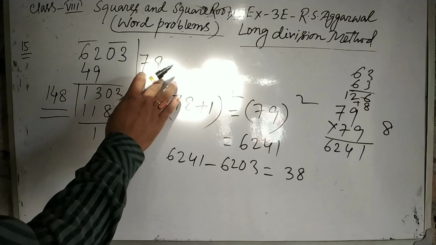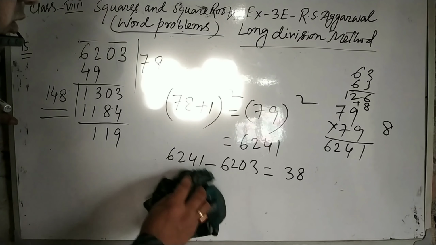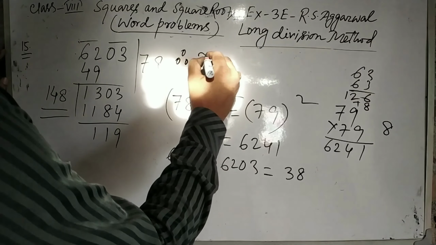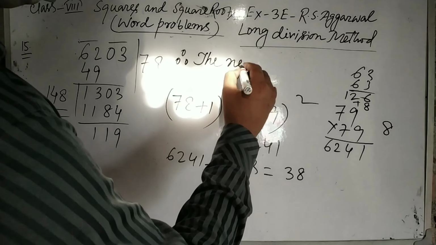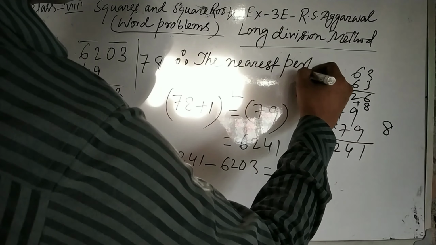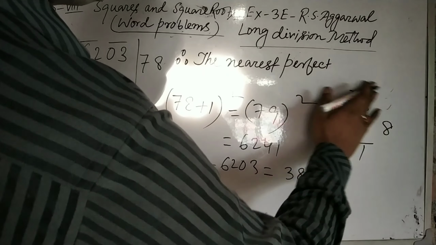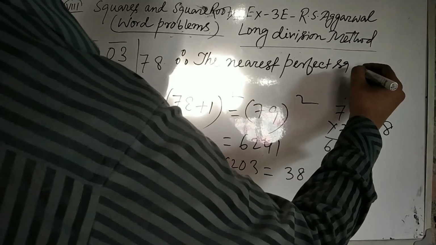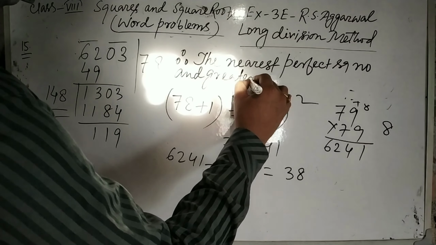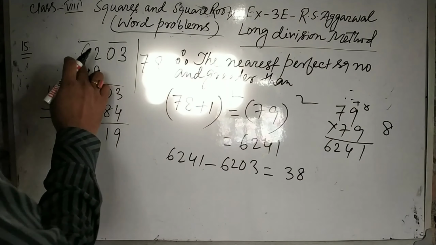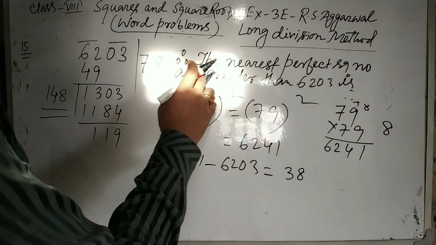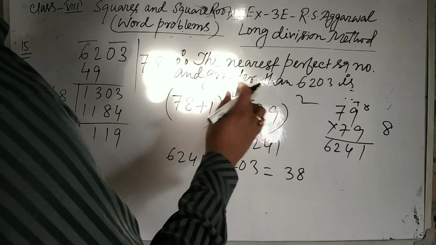First of all, up to this step, find out the square root, then write down. Therefore, the nearest perfect square number and greater than the given number 6203 is, we have written the nearest perfect square number and greater than the given number.